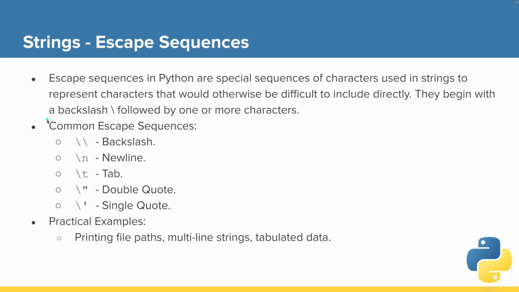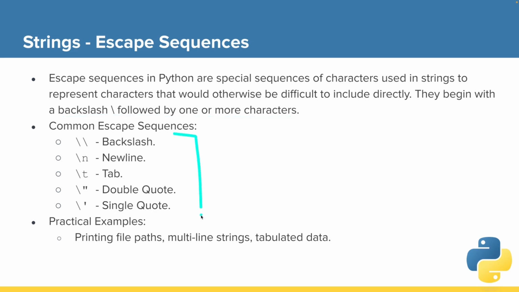And that's what is meant by this section here. If we have some text and it spans multiple lines, at the end of each line there will be a new line character, which is represented by a backslash and then an N. A backslash followed by one or more characters is how we represent these escape sequences.